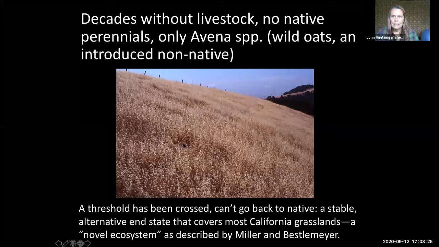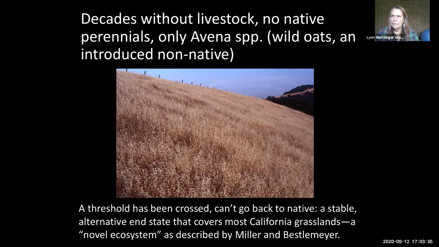Now, this is an area that's had no livestock, but there's no native perennials there. Really, the main species that's left is wild oats, which you know is an introduced non-native, pure monocultural stand. Of course, there's some other plants in there.